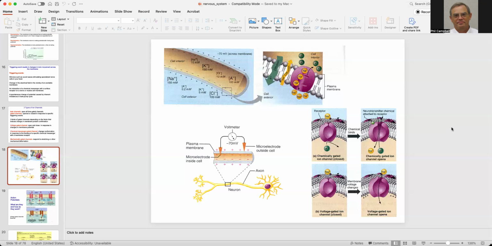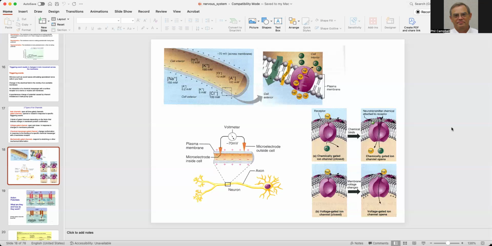These are showing examples of two kinds, just a cartoon rendition of what they would look like. The first one, in this case, is a chemical gated channel. We have our transport protein. It has a receptor modality on the surface. A signaling molecule, i.e. a neurotransmitter, binds to that receptor, and as long as it's binding that receptor, it's open.